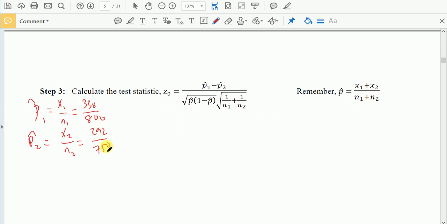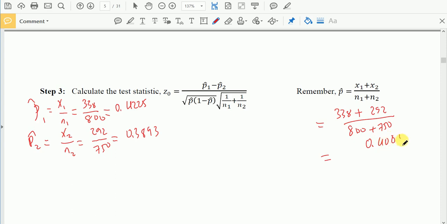So that's good. So when you plug into the z statistic, or the test statistic here, P hat should be 0.422593, and this one is x1 338 plus x2 292 over, and you should get 0.4065.